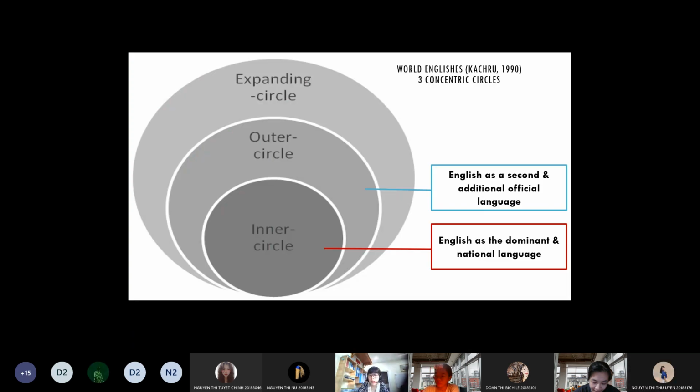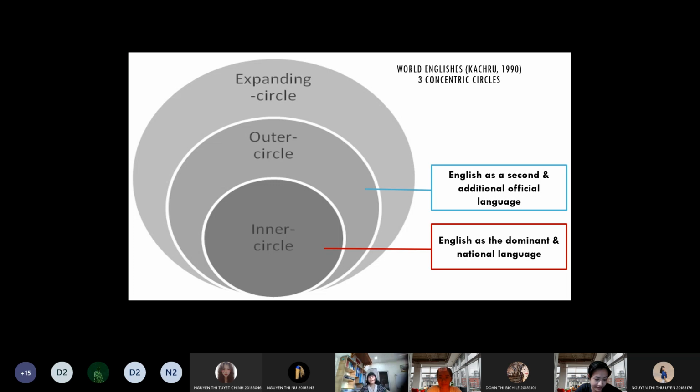I want to paste the link to your meeting chat for your reference. One of the links is there already. And one more thing, so that you know more about the status of the language that we love in Vietnam.